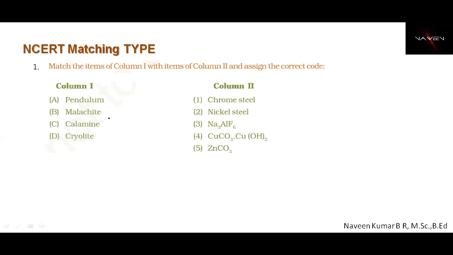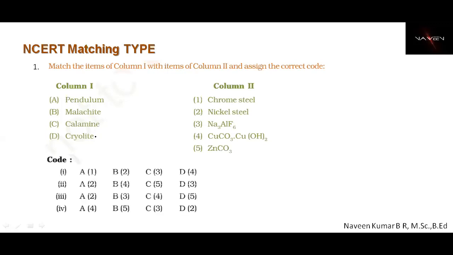Malachite and calamine we know from the occurrence of metals, they are ores of copper and zinc, which we'll identify from column 2. Cryolite is the chemical used in the electrolytic extraction of aluminium. Now we'll see the code given, and based on that, match column 1 with column 2.